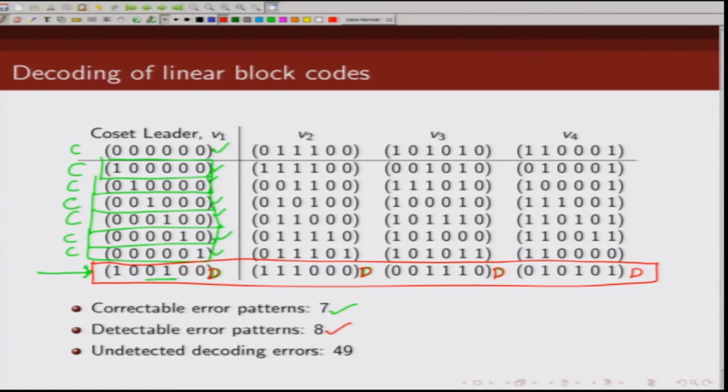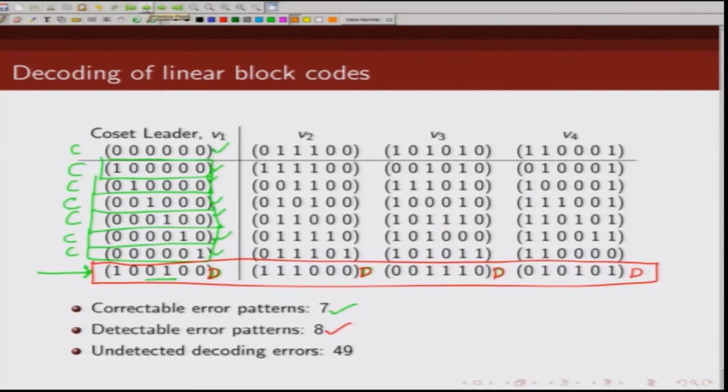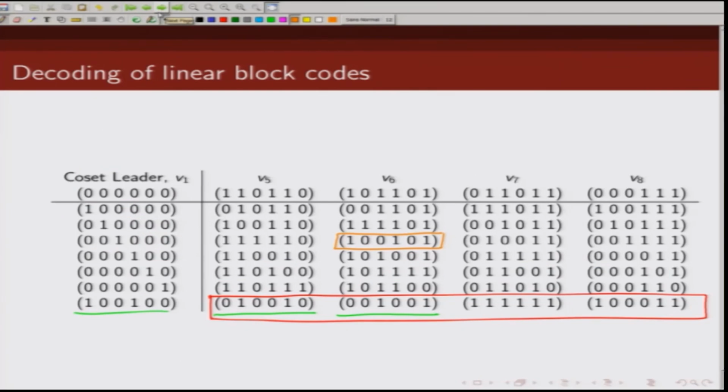Now, let us use a different color pen. What about these patterns which have been left out? Like other error patterns, what happens to them? Let us say if this error pattern happens, what is going to happen? I am not able to detect these error patterns. Why? Whenever this error pattern happens, this is Hamming weight 3, its coset leader was already Hamming weight 1.